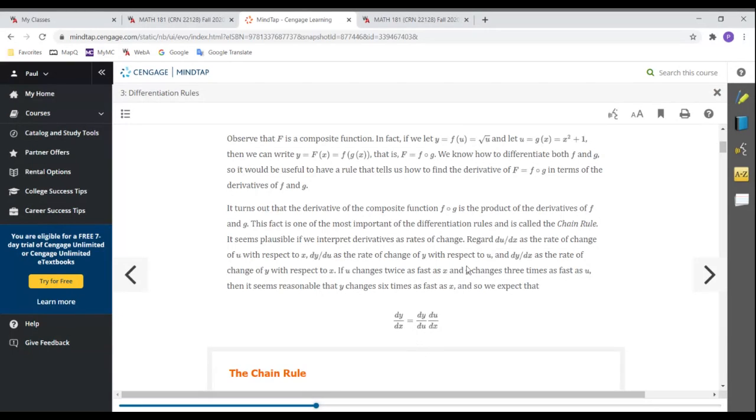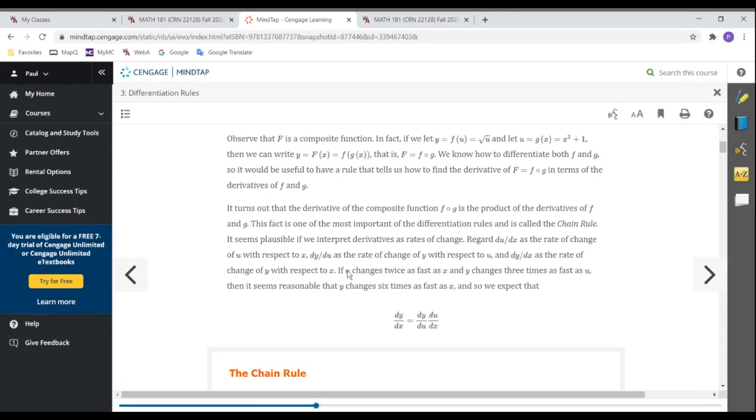If we regard du dx as the rate of change of u with respect to x, and then we would regard dy du as the rate of change of y with respect to u, and finally, dy dx is the rate of change of y with respect to x. Okay, these derivatives are clear, what those rates mean.